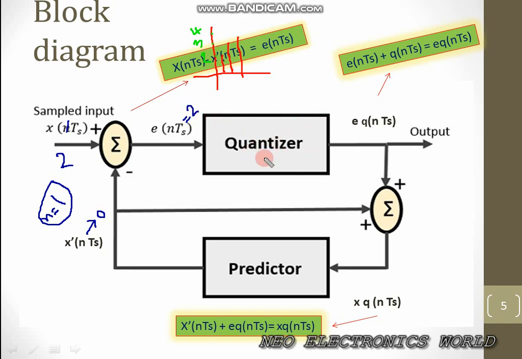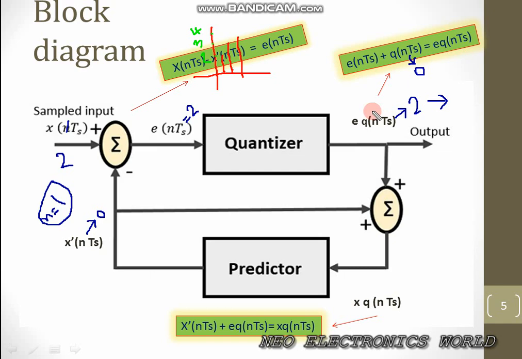Then while going to the quantizer, it gets a quantization error. Here we are just considering quantization error as 0. So what will be the output? EQ of NTS will be equal to 2 plus 0, which is 2, and this 2 will be encoded.